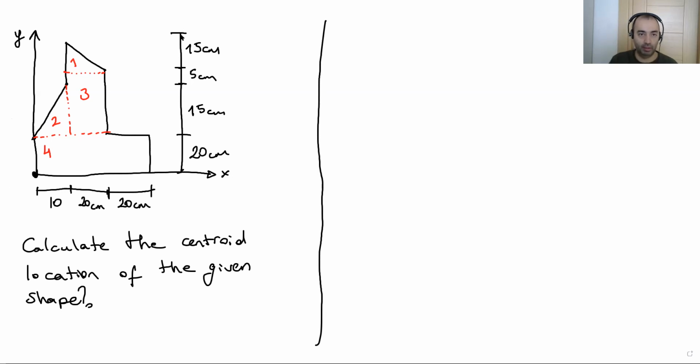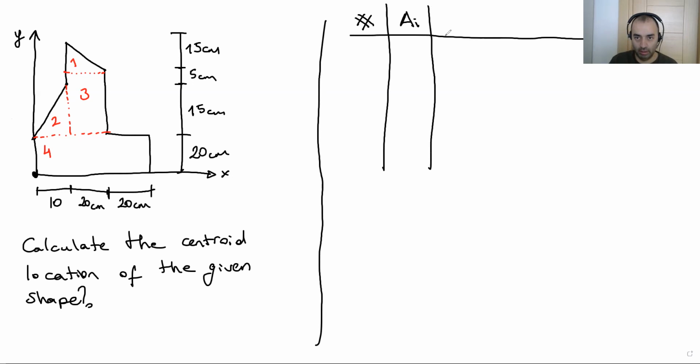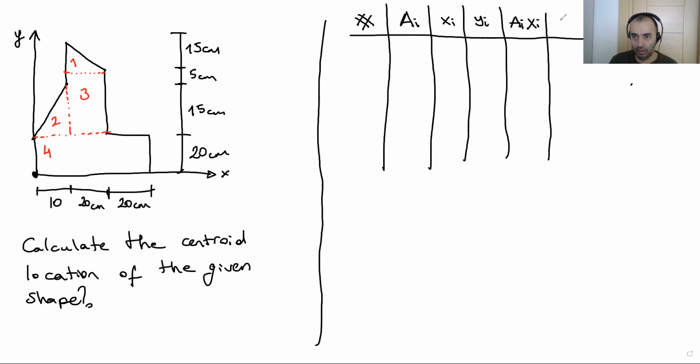So what we are gonna do? We are gonna draw our table. Okay, remember number, Ai, Xi, Yi, and then we are gonna do Ai Xi and Ai Yi.